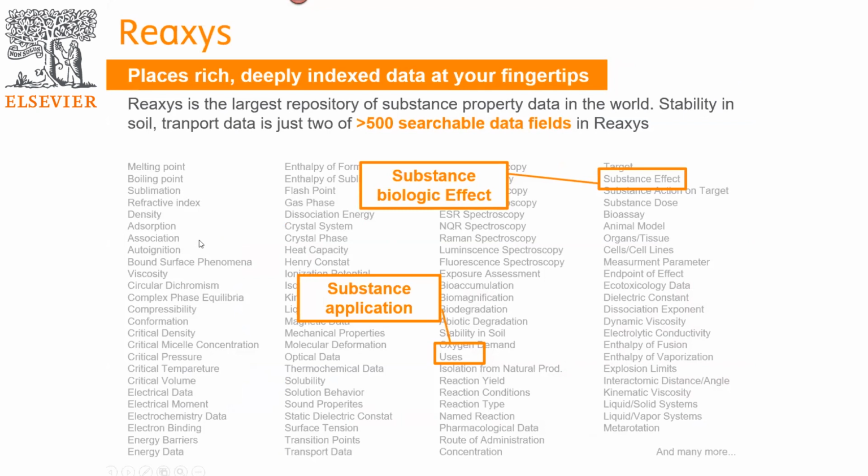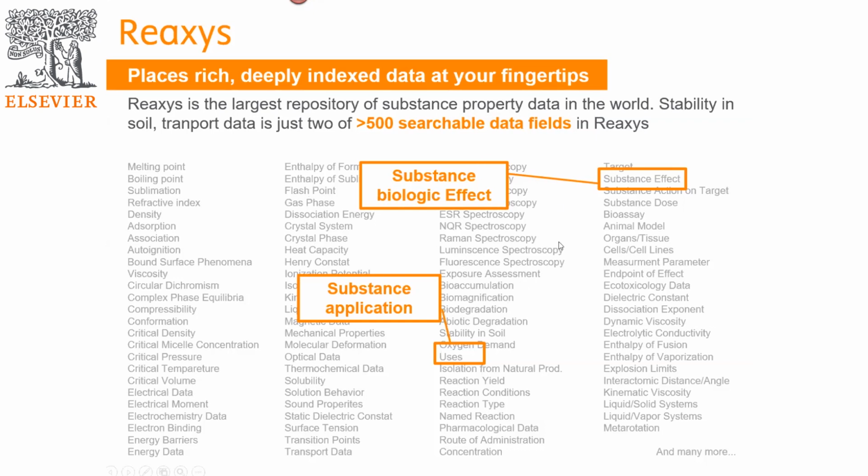We have physical chemical properties like adsorption, association, autoignition, electrochemical properties, magnetical properties, crystal properties. We have critical properties, about which we will talk later. Mechanochemical properties, for example, thermochemical data, mechanochemical data.